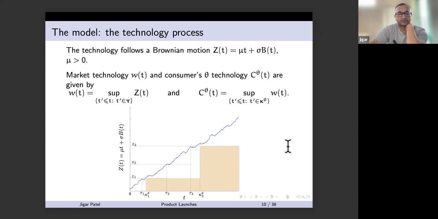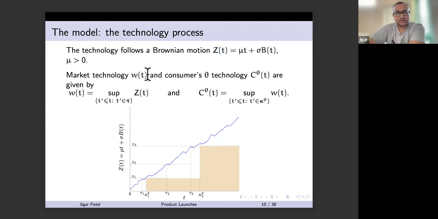That's the technology of iPhone 14. But we can imagine that Apple has made some innovation since the launch of the product, and then the technology in their R&D is higher, actually Z_t, which is now they have already made some innovations over iPhone 14 in their R&D. So that would be that Z_t that you see here.